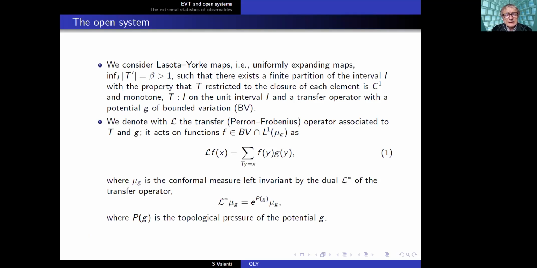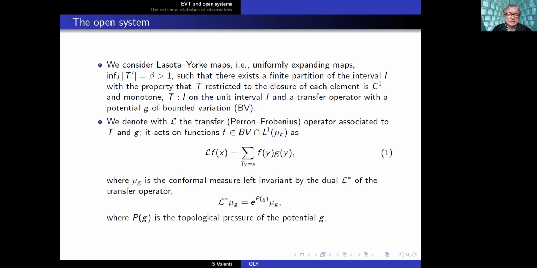In order to study the statistical properties of this map, and to build all the theory which I'm going to explain, it is important to introduce an operator which evolves measures, called the transfer operator, and to define a good functional space where this operator acts.